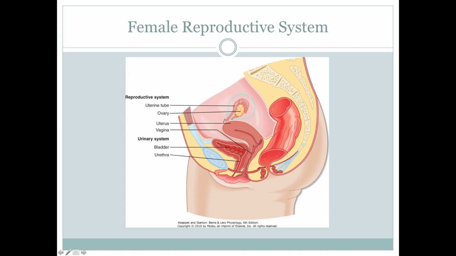There are two ovaries. You can only see one in this picture. There are typically two, so there'd be one over here. And we'll see that the ovaries do take turns in ovulation, so that one would release an egg one month, giving time for the follicles which contain the eggs to mature in the other ovary, so that would be released in the next menstrual cycle.